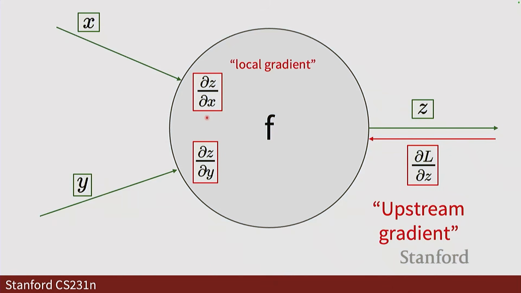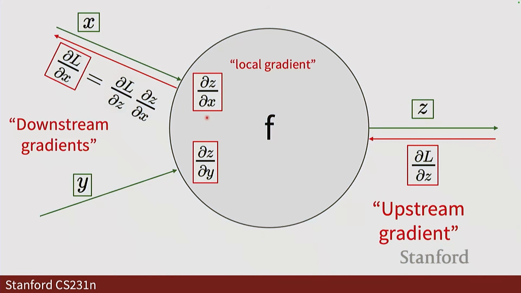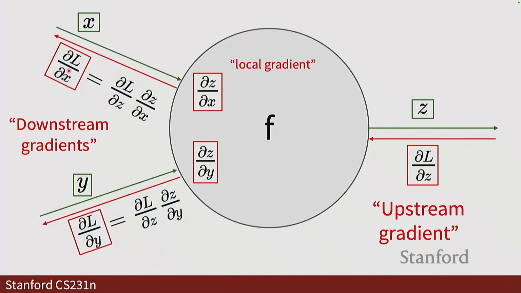That's what we need. What we can do after this is just to multiply the upstream gradient with the local gradient and create what we now call downstream gradients. So the downstream gradients are going to be upstream gradients for the previous layers, right? That's how we calculate that for x. Same story when it comes to y.